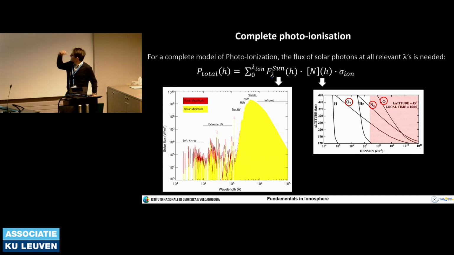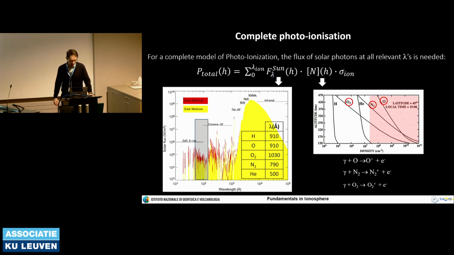And on the other side, I have reported again the composition of the neutral atmosphere. If you remember the table I showed you before about the wavelength needed for the photoionization, you will see that the range of wavelength creating the ionization of the species in the upper layers of the ionosphere are in the range between the X-ray and the UV ray.